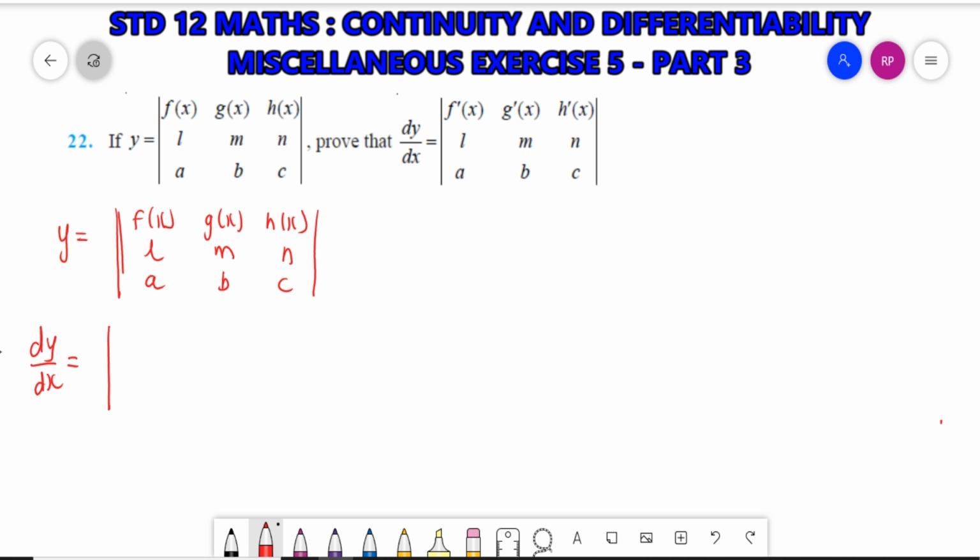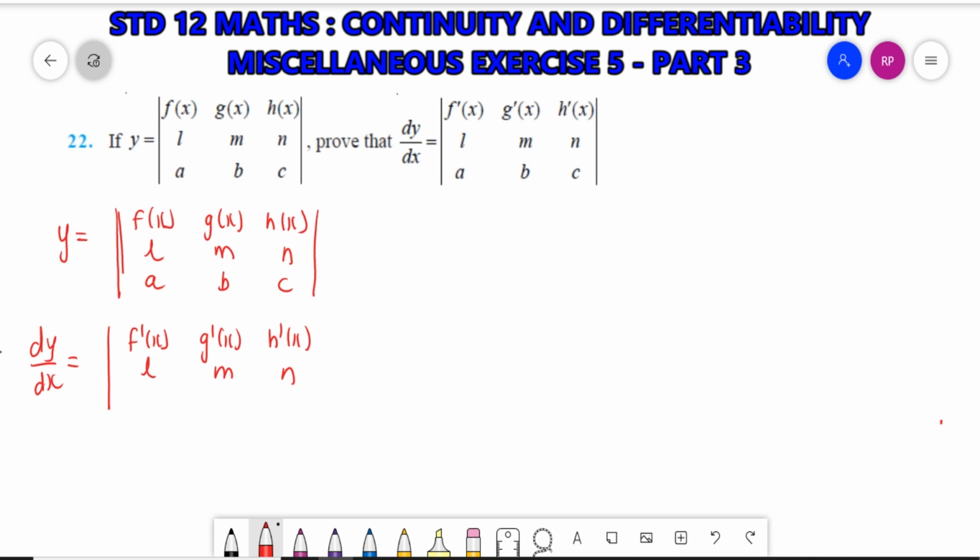First, I will differentiate the first row. So it's f dash x, g dash x, h dash x. Then the second row, dl by dx. Now see, l is constant, so sorry, we don't need to differentiate the second and third row.